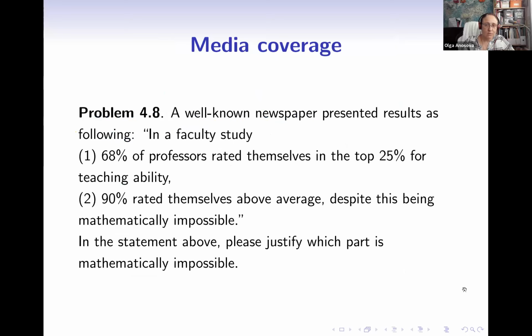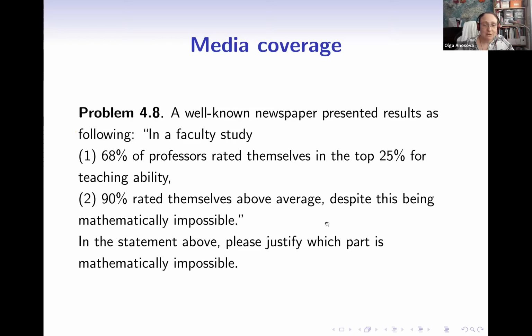One of the well-known newspapers presented results in this way. They said that 68 professors rated themselves in the top 25 for teaching ability, and 90% rated themselves above average, despite this being mathematically impossible. Quite catchy, right?